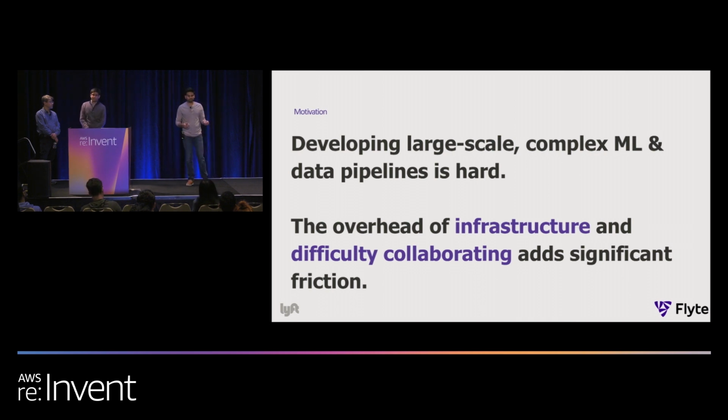So Lyft prides itself on being a machine learning first company. We have a lot of data scientists, a lot of machine learning engineers in the company. And we wanted to build stuff. We wanted to constantly deliver value for our users. So in 2016, as I'll continue with the story, I used to lead the team. I used to manage a lot of these machine learning engineers, and we wanted to continuously deliver value. The hardest thing that I always found was infrastructure.